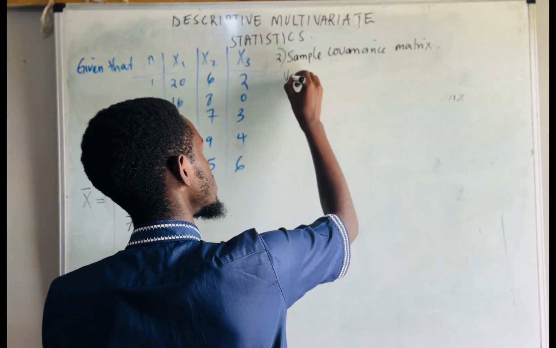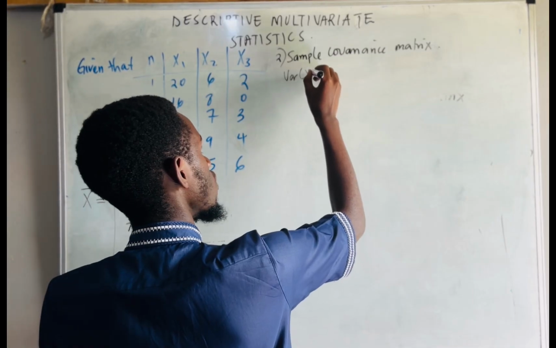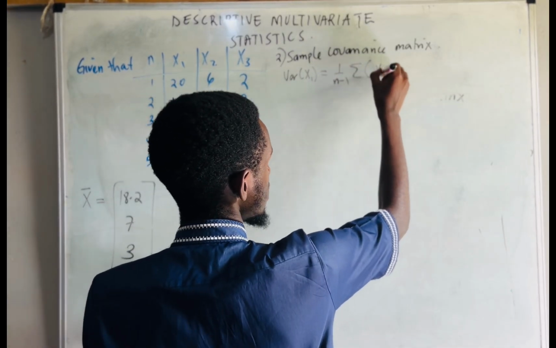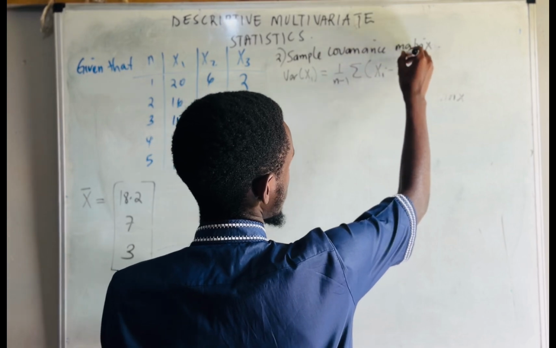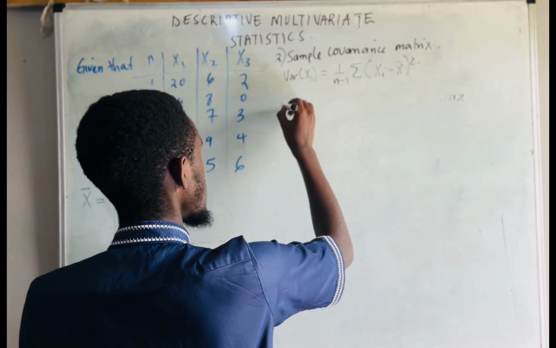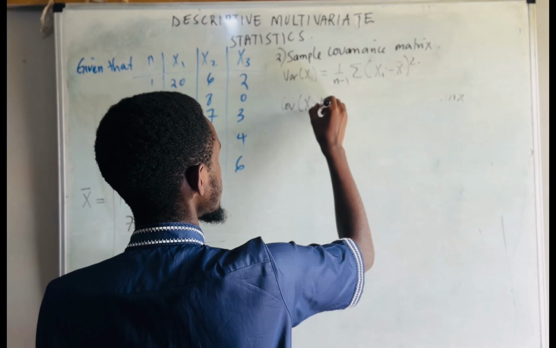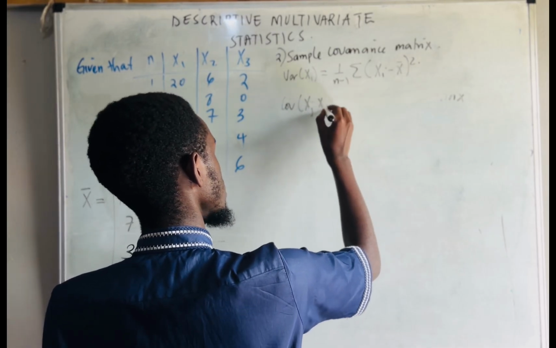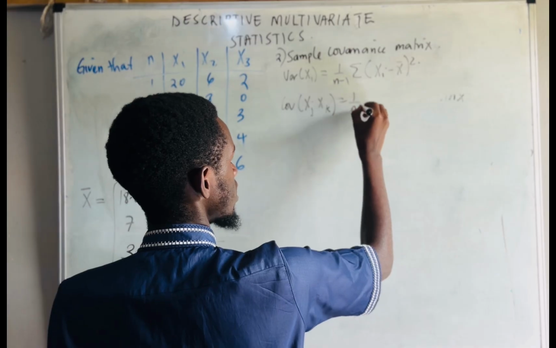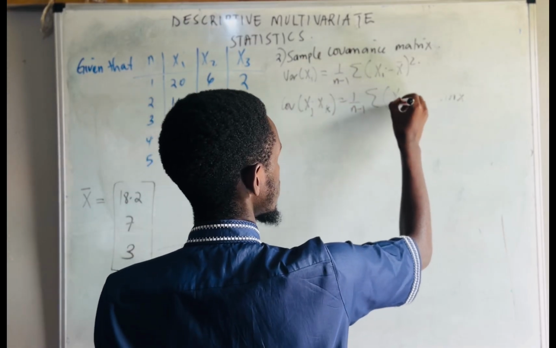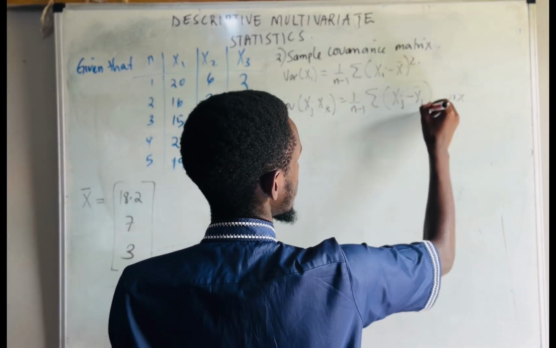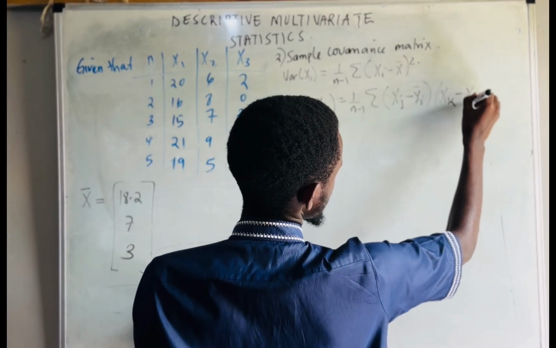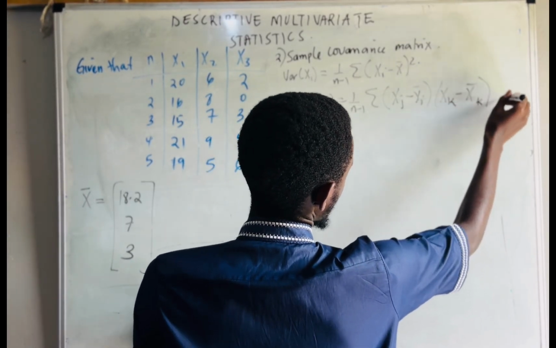The variance of x1 equals 1 over n minus 1 times the summation of (xi minus x bar) squared. And the covariance of xj, xk is the same as 1 over n minus 1 times the summation of (xj minus xj bar) times (xk minus xk bar).